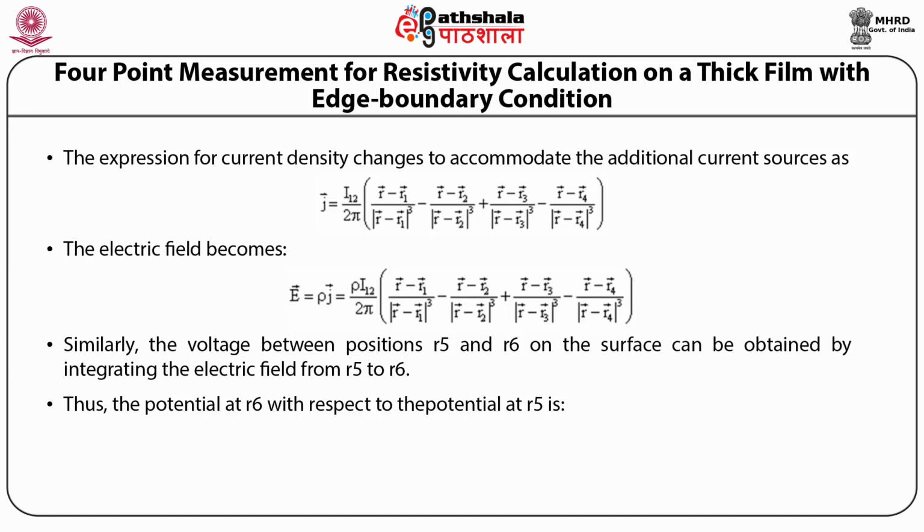Thus, the potential at r6 with respect to the potential at r5 is V65 equals minus ρ I12 divided by 2π into the integral from r5 to r6 of (r vector minus r1 vector) divided by mod of (r vector minus r1 vector) cubed, minus (r vector minus r2 vector) divided by mod of (r vector minus r2 vector) cubed, plus (r vector minus r3 vector) divided by mod of (r vector minus r3 vector) cubed, minus (r vector minus r4 vector) divided by mod of (r vector minus r4 vector) cubed, into dr vector.